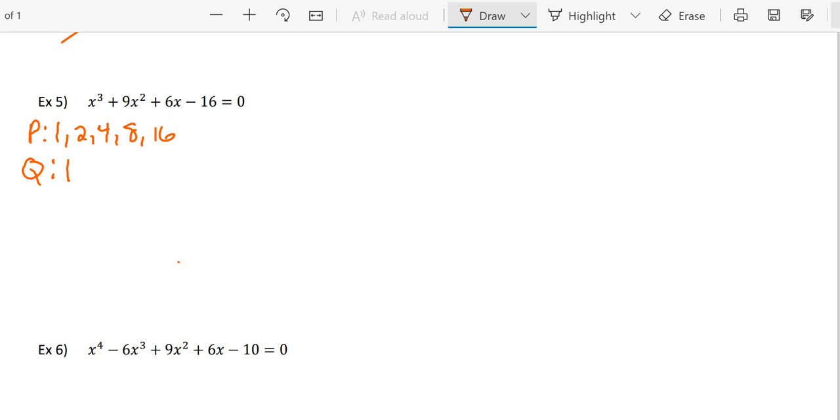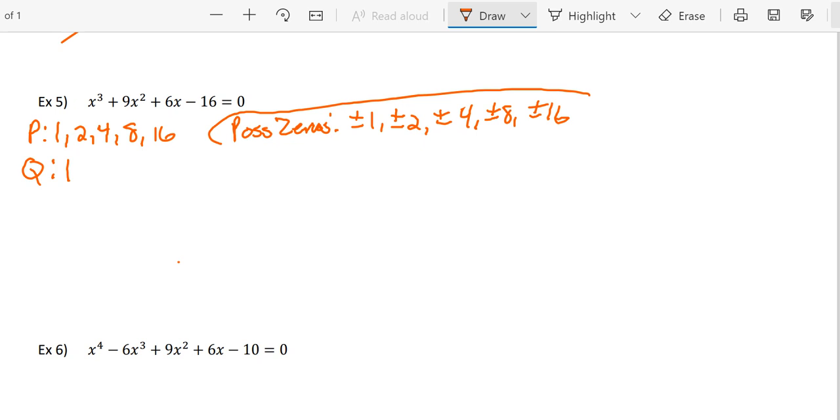So for our list of possible zeros, again, these aren't necessarily zeros, we're going to have plus or minus 1, plus or minus 2, plus or minus 4, plus or minus 8, and plus or minus 16. These are going to be all the possible zeros.